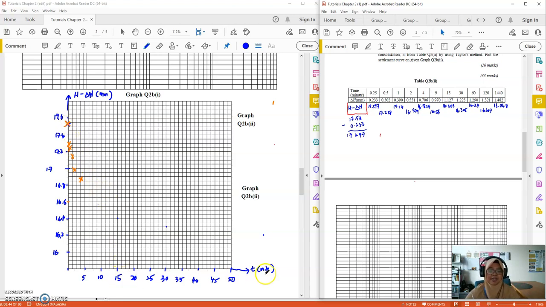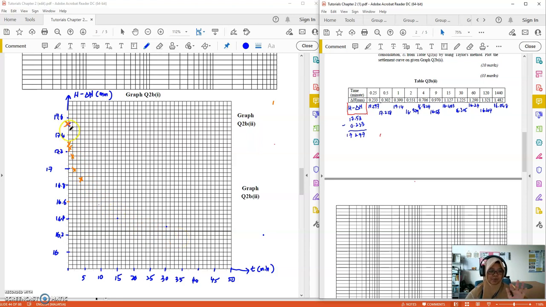But for the time, in minutes, note that the minutes actually cover up to 24 hours. For the Taylor, there's some tips. You don't need to plot the curve up to 24 hours, 1440. As long as you get the curve to the side to draw the parallel line, it is already enough.